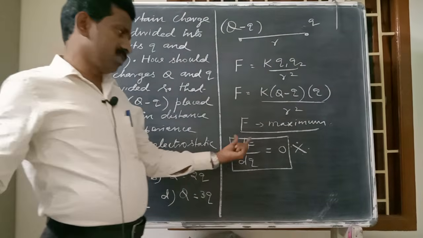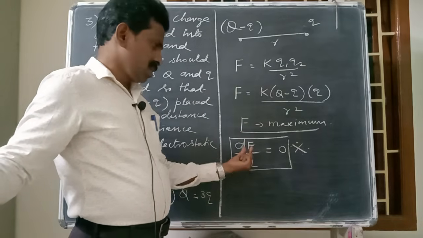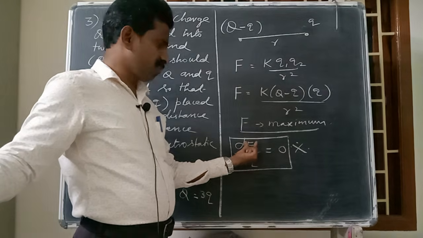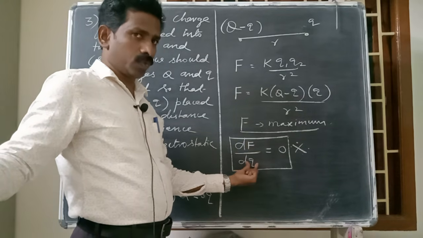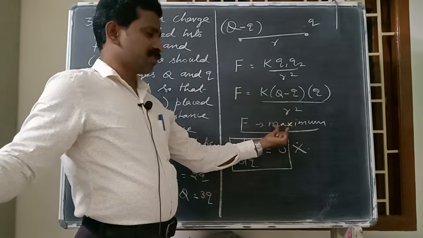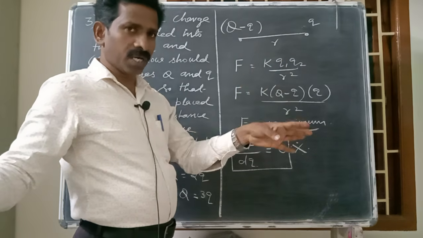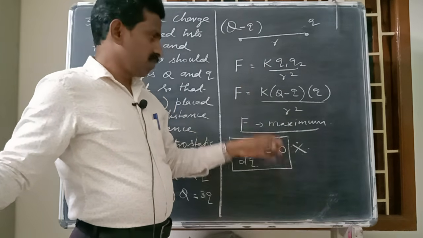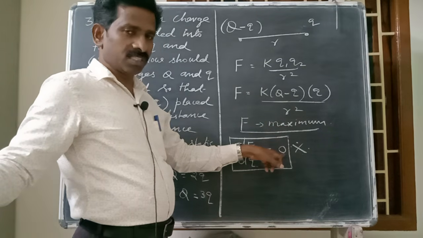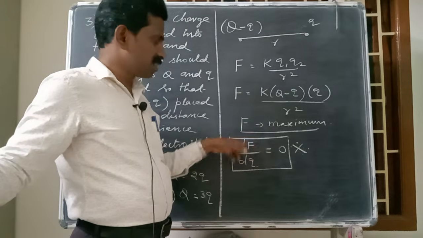We differentiate f with respect to the charge q. Why is it equal to 0? If f is maximum, it will be a particular value, a constant, and if you differentiate a constant, you will get 0. That is the concept behind it.